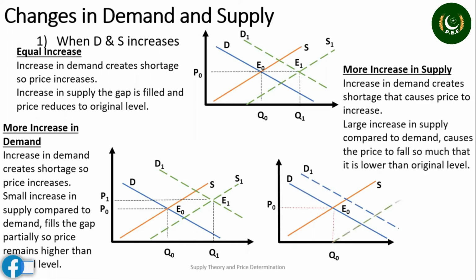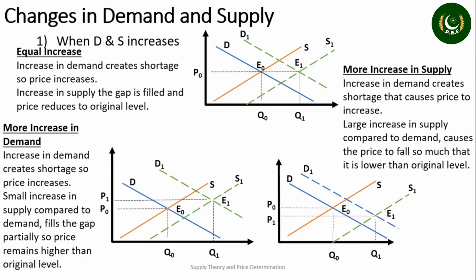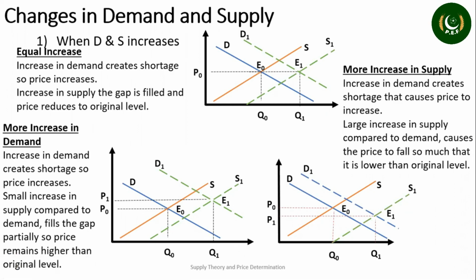Therefore, the supply curve shifts to the right. In fact, the response of supply is so aggressive that it not only covers the shortage, but in fact it creates some surplus. Therefore, because of the surplus in the market, the final price will decrease and the quantity traded will increase.